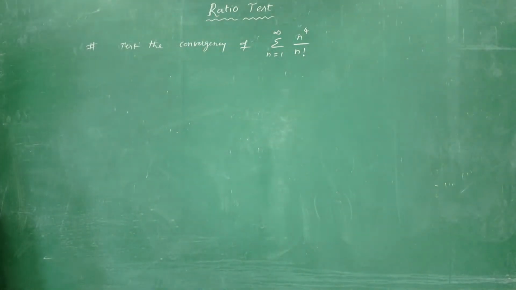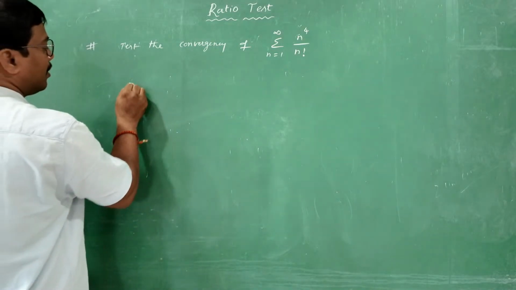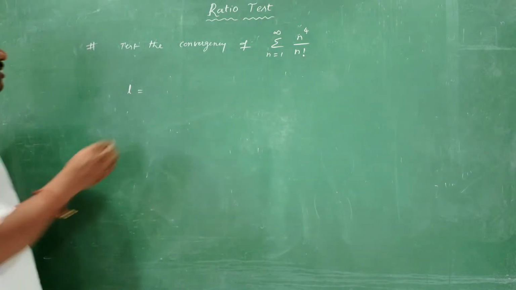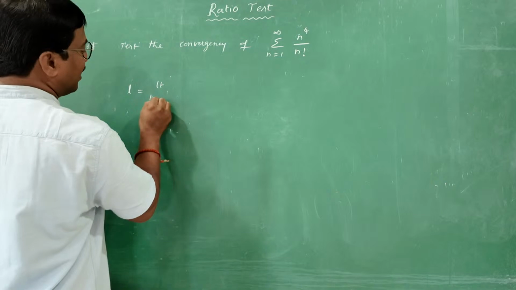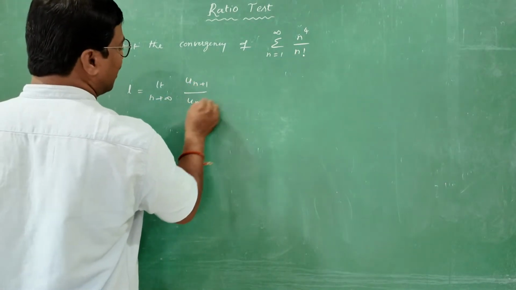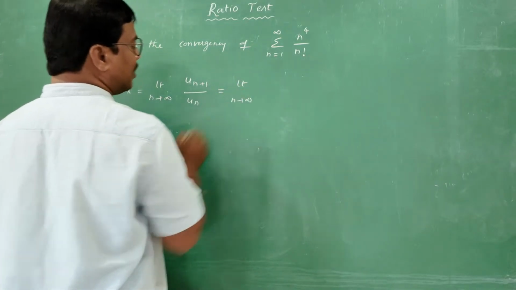By using the ratio test, you have to decide whether it converges or diverges. You know that it depends upon the value of L, where L is limit n tends to infinity of un plus 1 divided by un.